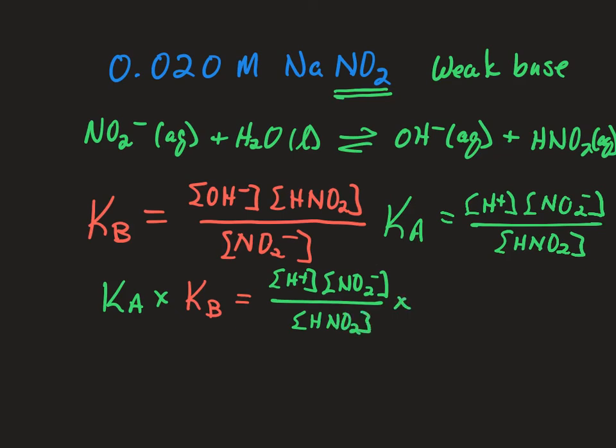And our Kb is hydroxide ion times concentration of nitrous acid in equilibrium divided by the concentration of nitrite ion.